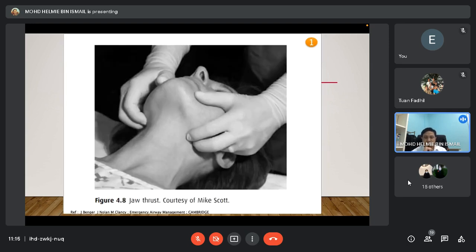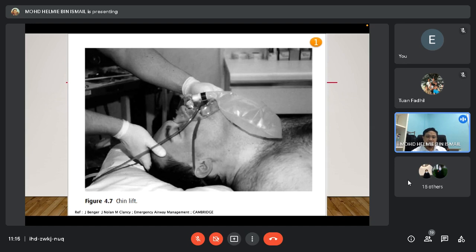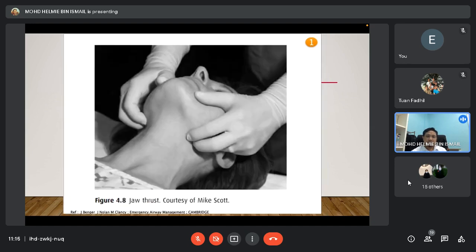And then for the trauma patient, you can have a jaw thrust. Basically, the difference between chin lift and jaw thrust is you just elevate the jaw or mandible without mobilizing the neck. So for a patient with suspected cervical injury, you need to do the jaw thrust because of the high risk for cervical injury.